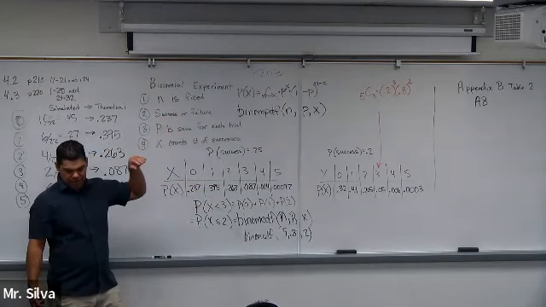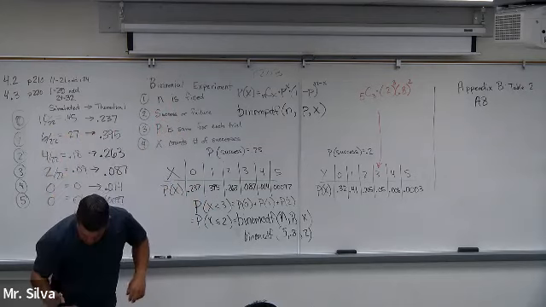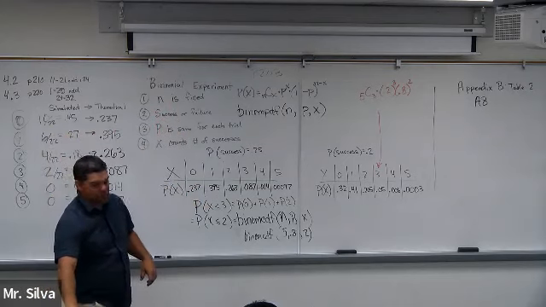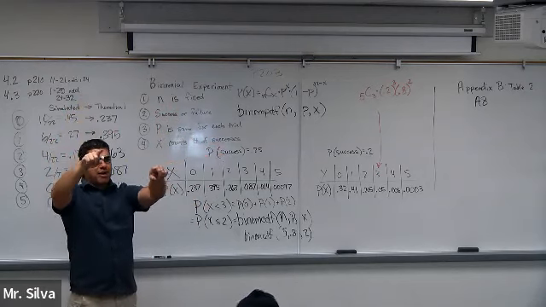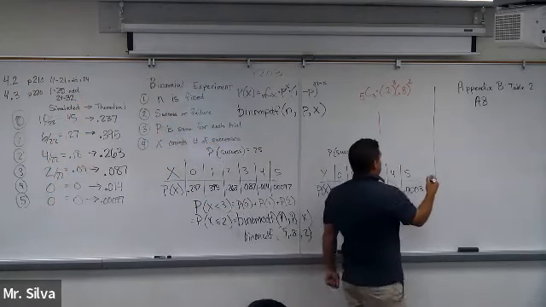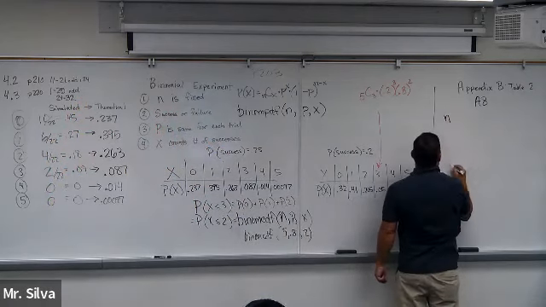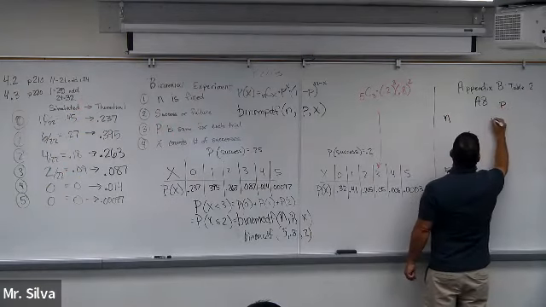So I go down to n equals 5. Across the top, it has your probabilities. So I've got p is 0.25. When n is 5 and p is 0.25, I go down until those two things meet. So n is over here, I go down to n is 5, and my probabilities are on top, so I go over to 0.25.